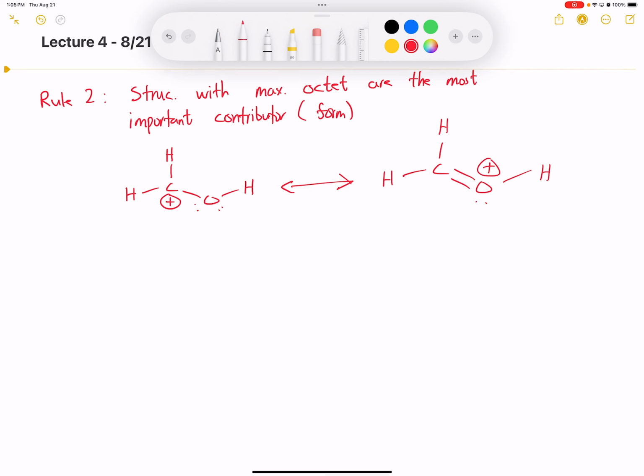This one on the right has the most octets. Everything has an octet, carbon and oxygen. So that's the major contributor, or the most important form.